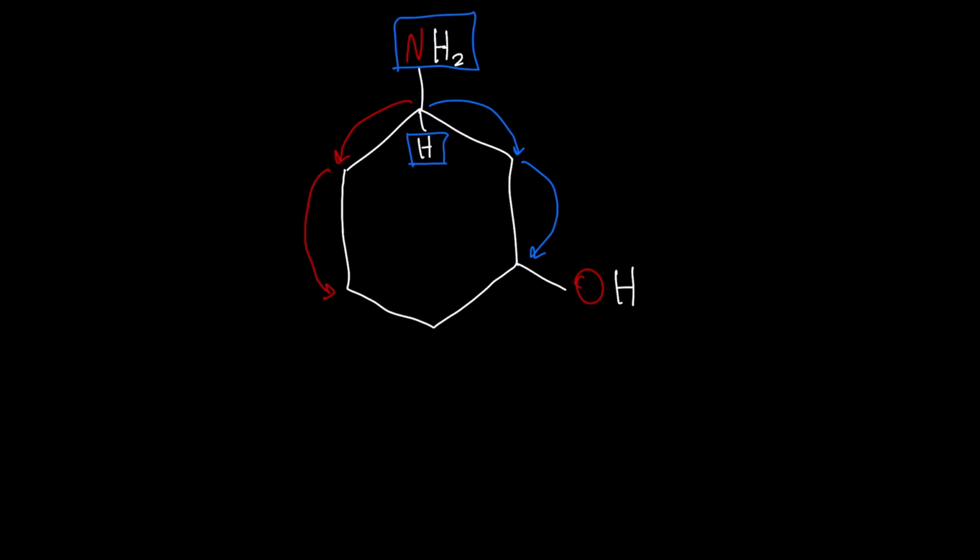The one I've ended up at on the left side doesn't have an OH, it just has two hydrogens attached to it, which are invisible. So therefore, we can say that the two groups that this carbon is attached to are different, and if there are no identical groups that this carbon attaches to, then this is going to be a chiral carbon.